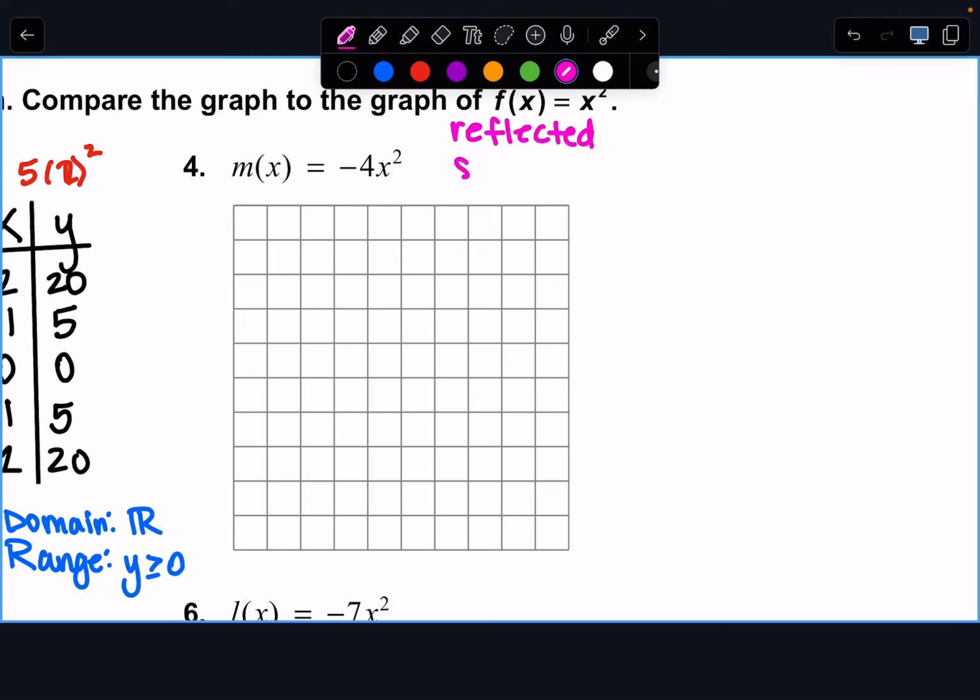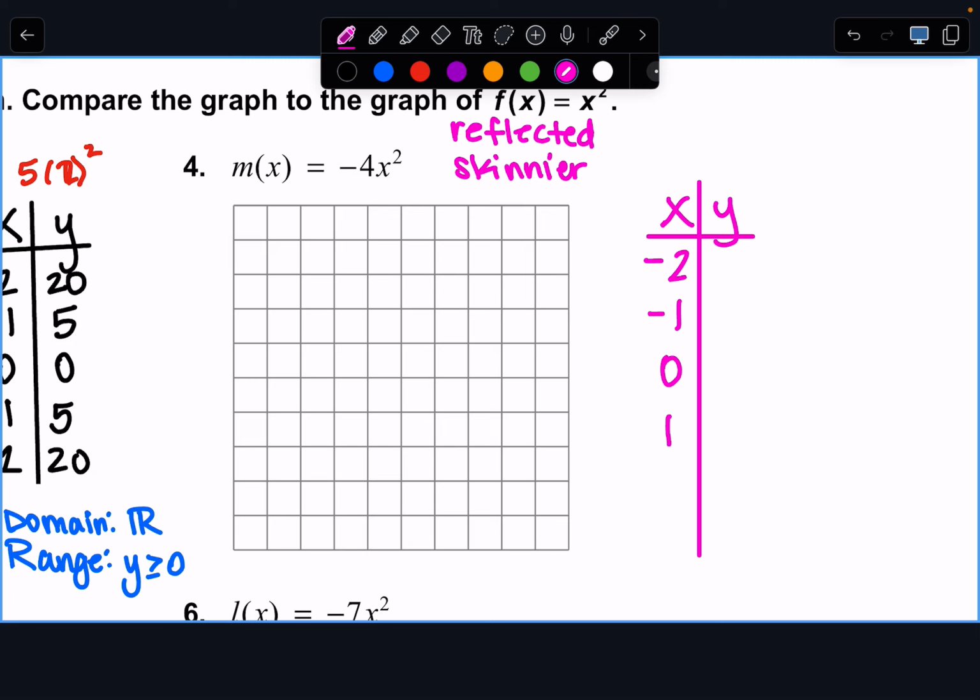And we know it's going to be skinnier. Okay, so now we're plugging into -4 times x squared. Remember, the exponents have to come first, then we multiply by the -4.